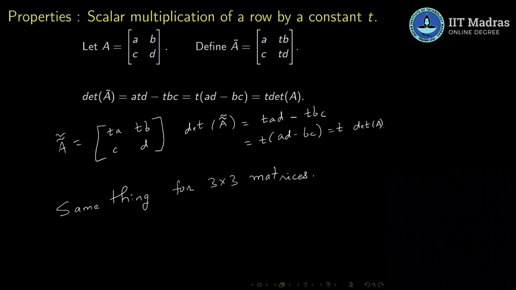And then we saw some properties. A very important property was that if you take the product of two matrices, then the determinant of that product is the product of the determinants. So, det(AB) is det(A) times det(B). Then we saw that the inverse of a matrix has determinant equal to the reciprocal of the determinant of A.